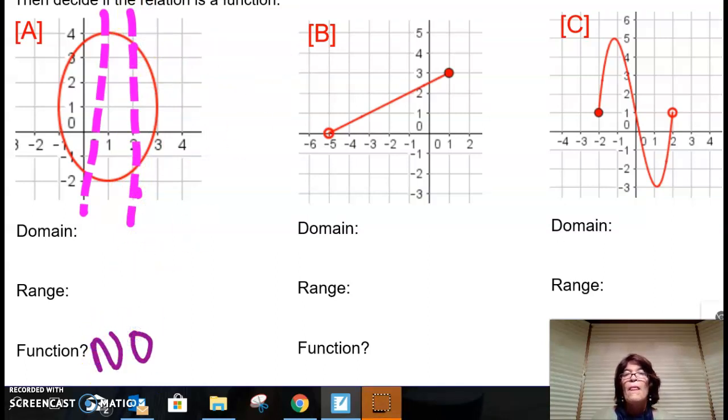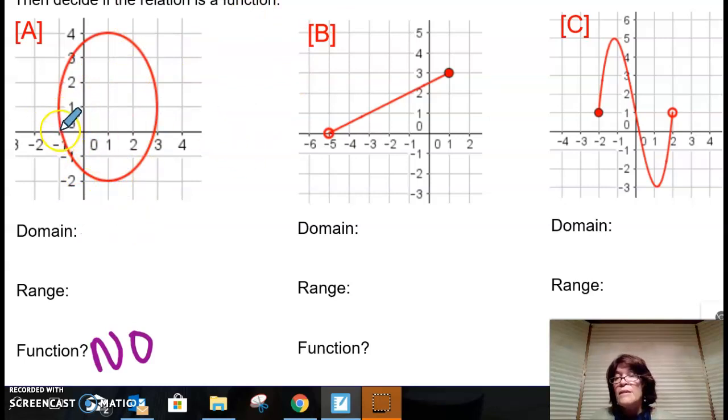Okay? If I'm asking for the domain and range, I'm not going to list them all. I can see that the smallest x coordinate here is -1, and then the biggest x coordinate looks like it's 3.